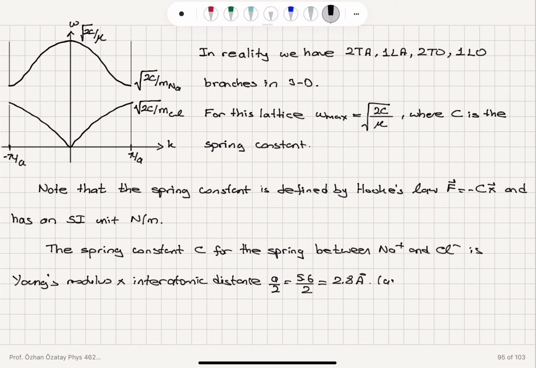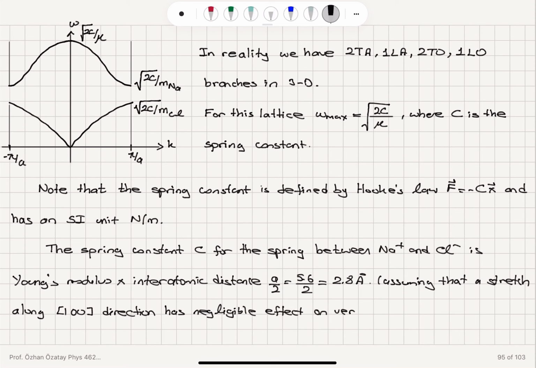We're basically assuming that a stretch along the 100 direction has negligible effect on vertical springs, so that these springs in the 100 direction are behaving independently of the vertical springs.